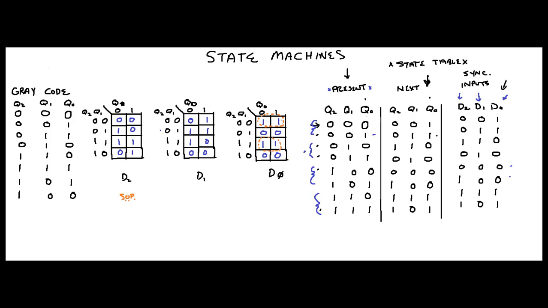So let's look at those, right? So that's going to occur when, remember, this one changes in the group, Q0 changes, so you can discard Q0 and just keep Q1 and Q2, but they're both 0, right? So this is going to be Q2 bar, Q1 bar for that one, right?